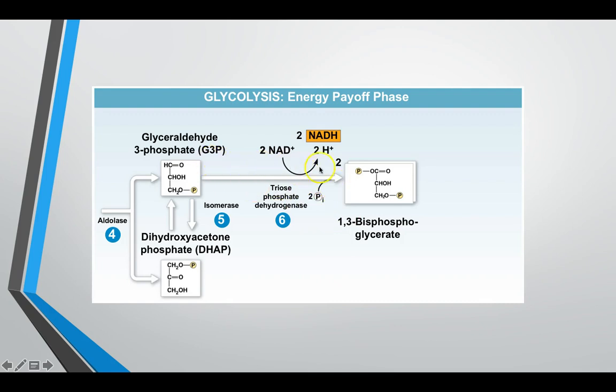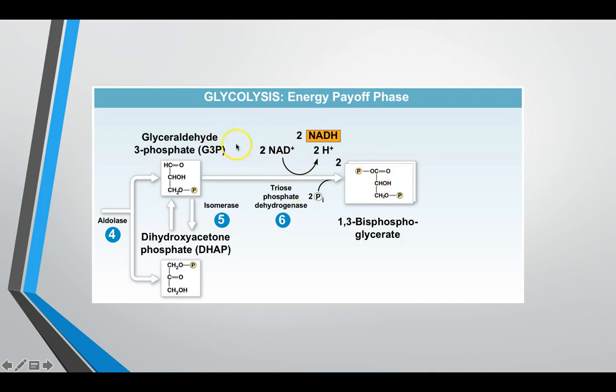Because I am reducing nicotinamide, I'm going to be taking some hydrogens from G3P. So this process is dehydrogenating. So the enzyme that aids with that is called a dehydrogenase. G3P is a triose and it contains phosphate. So the specific dehydrogenase is a triose phosphate dehydrogenase.